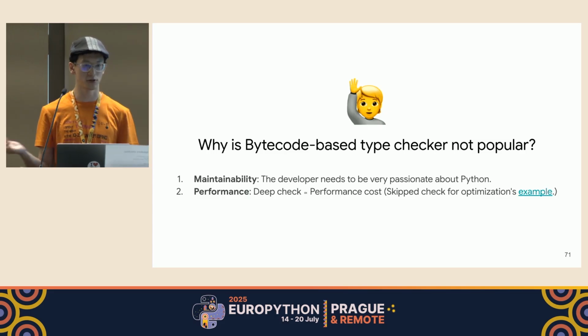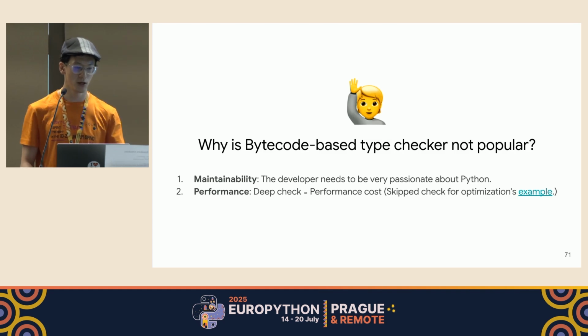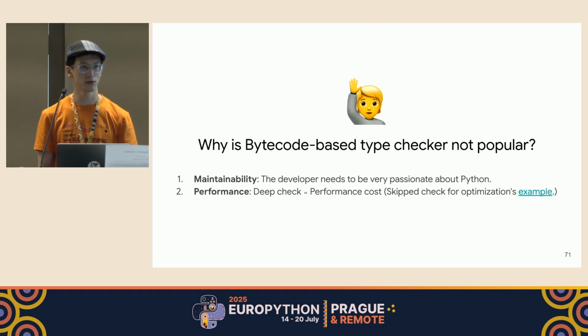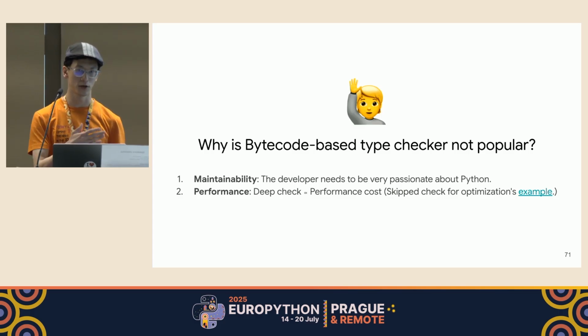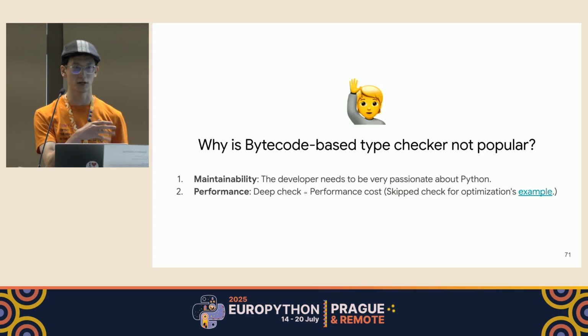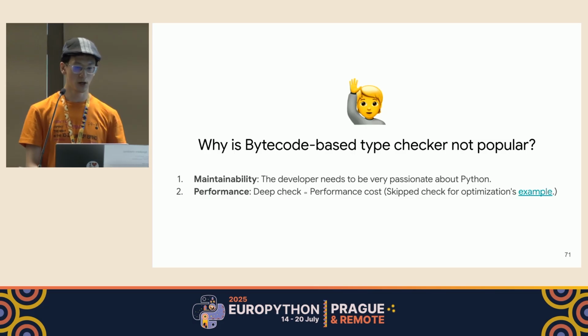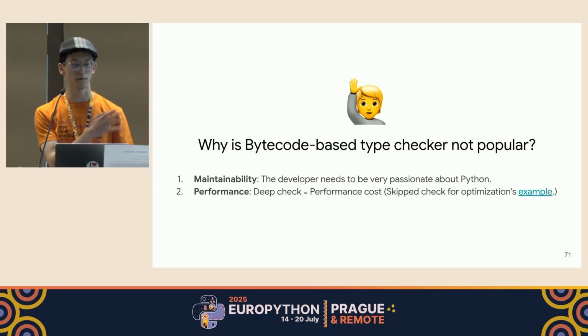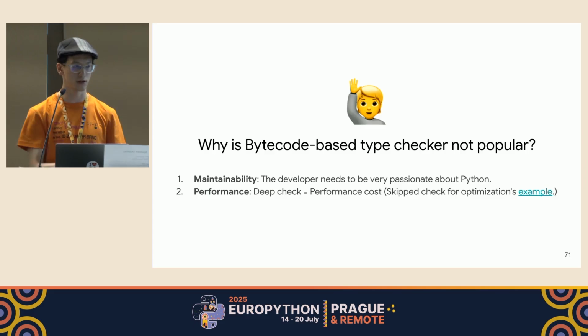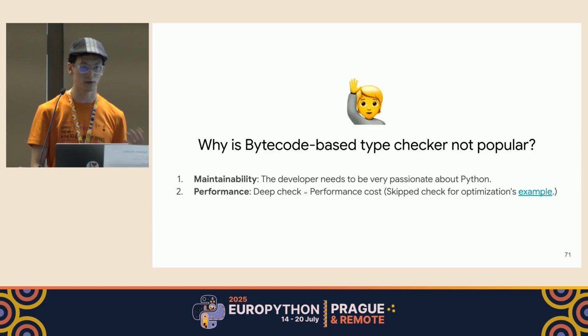That's just an additional maintenance burden, and you need to follow CPython very closely. Secondly is performance. It can technically be powerful, but it's often very slow if you try to handle some very crazy cases, like needing to generate the bytecode at a very deep level. I do have more examples in my fourth deck. If you scan the QR code, you can find more examples there.